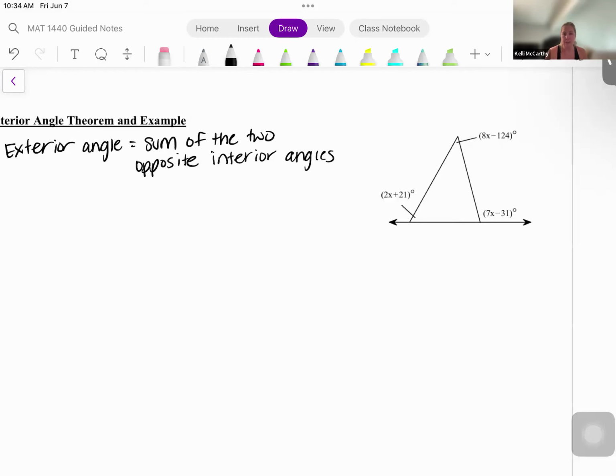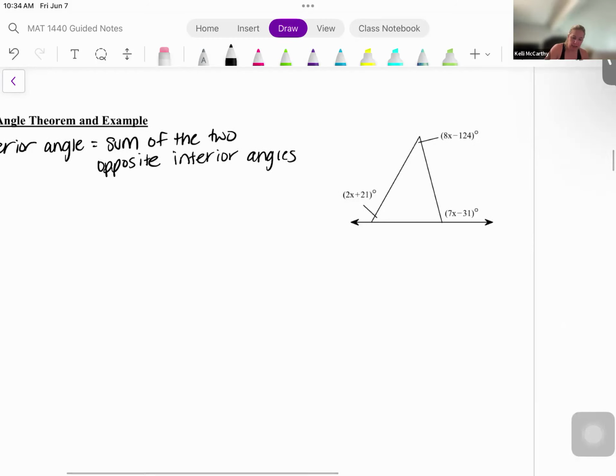So using the figure provided, here's our exterior angle. And these are the two interior angles that are opposite it. So what that means is that 7x minus 31 is equal to the sum of those two interior angles. So 2x plus 21 plus 8x minus 124.